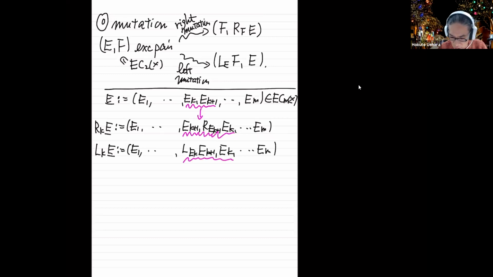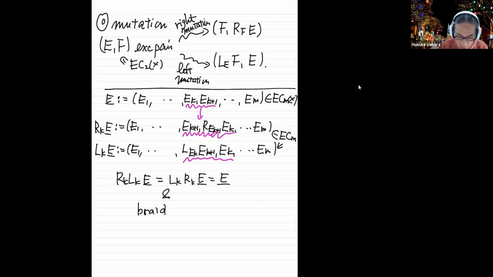And this is a new exceptional collection of length M. And they satisfy the following relations, namely R_K L_K E bar equals L_K R_K E bar equals E bar, and braid relations.